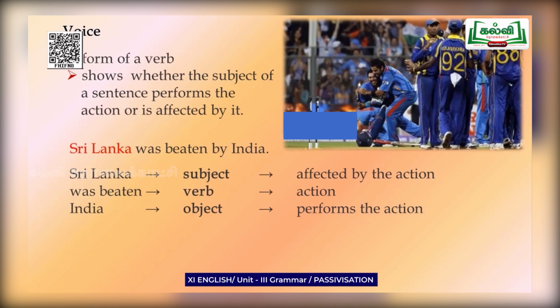Sri Lanka is the subject in the sentence. It does not perform the action, but it is affected by the action. Was beaten is the action in the sentence, and it has the same meaning as in the active voice. India is the object here, but it does the action. So it is called the agent.